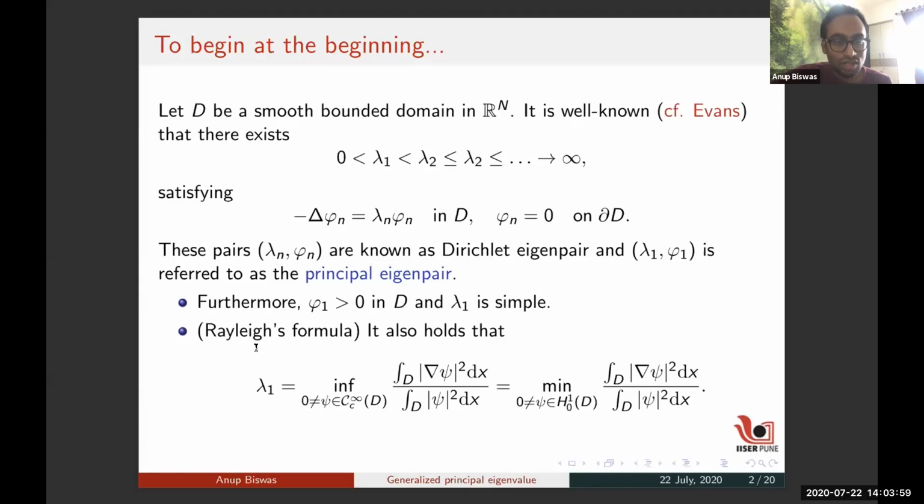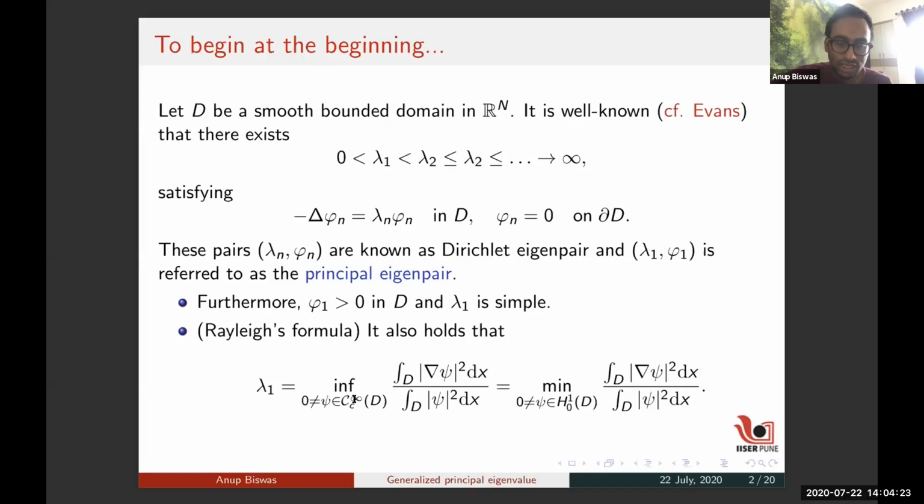You also have the Rayleigh quotient formula, that lambda 1 can be represented as a ratio of two functionals. You can figure that out from here: if you just multiply with the function phi n and integrate by parts, you get this kind of representation.